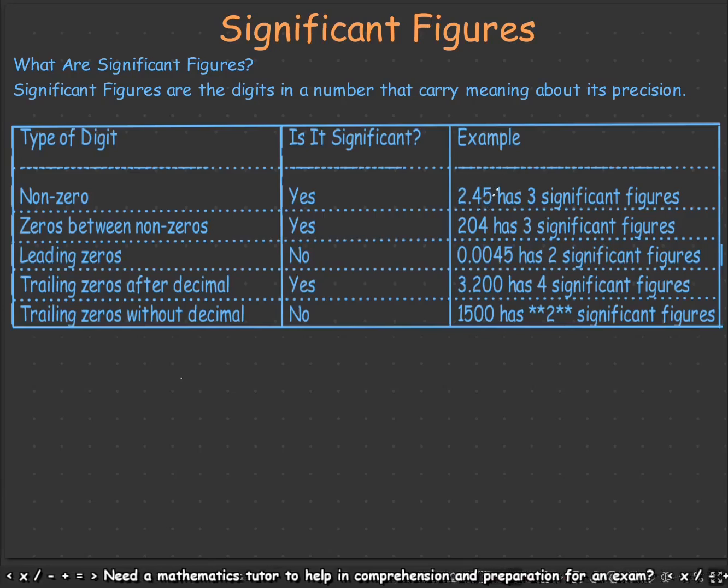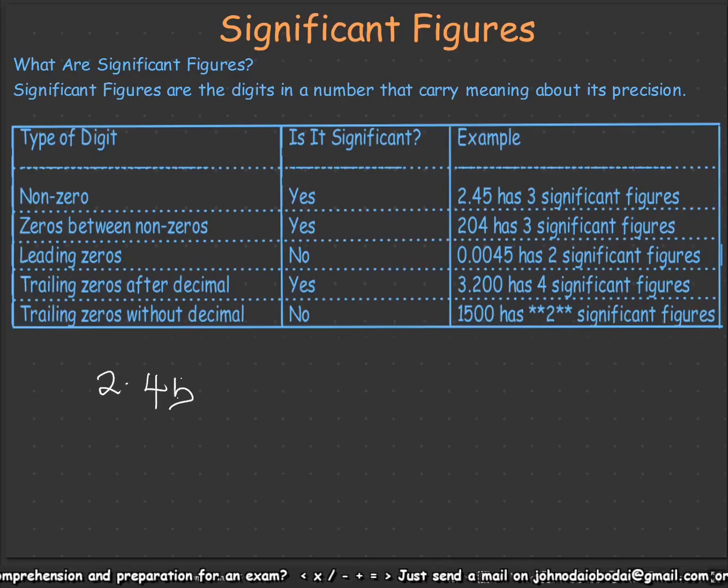So for this example here, 2.45: 2 here is a non-zero digit. It is not zero, so it is significant. 4 here is also not zero, hence it is significant. And 5 here is also not zero, hence it is significant.